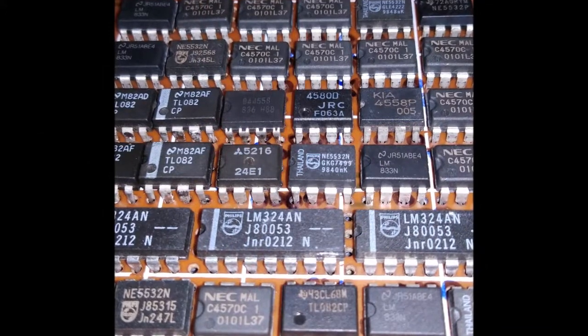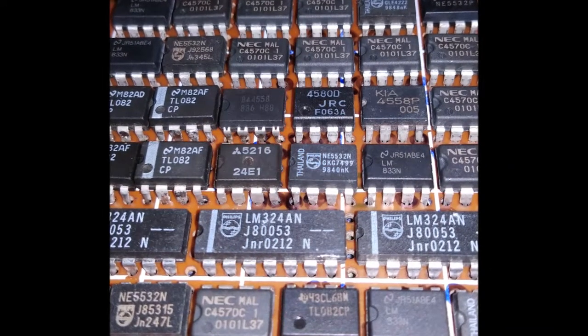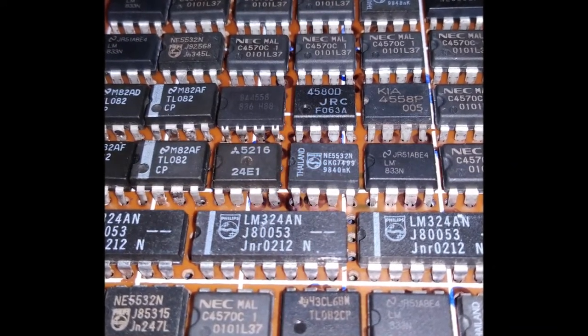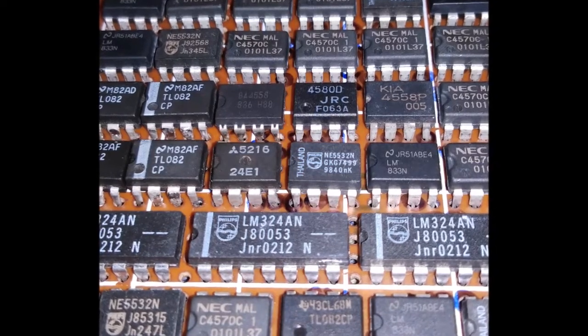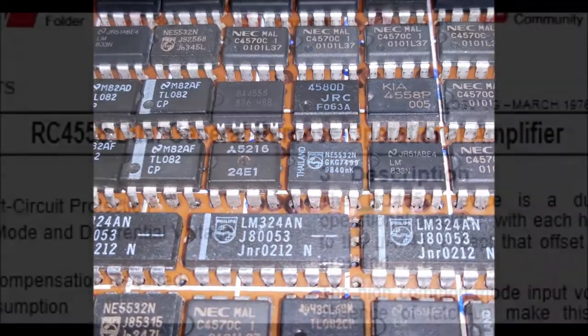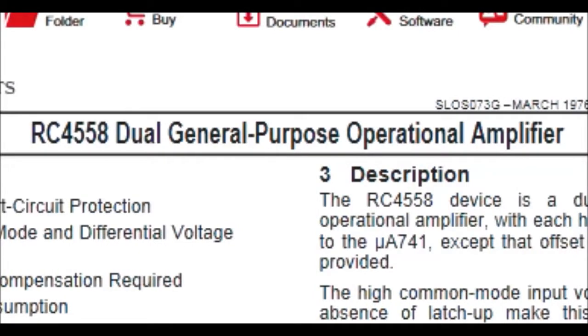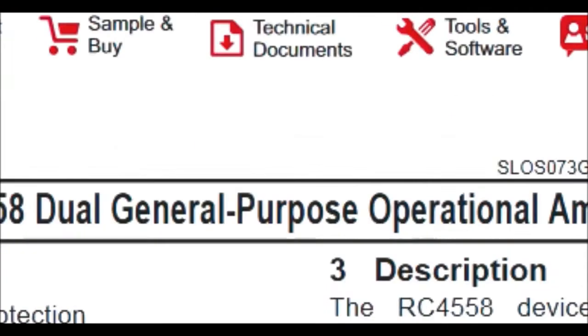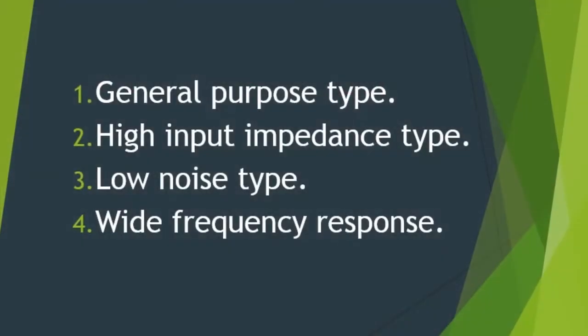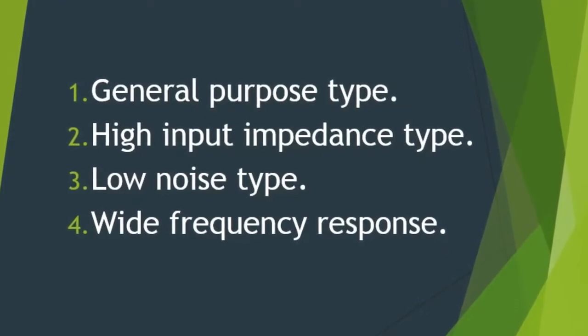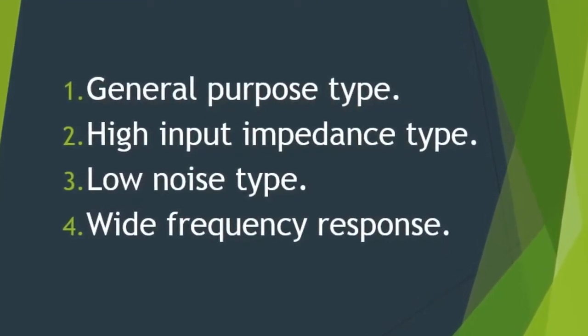First, when you're choosing an operational amplifier, there are so many with the same pin configuration. You can use your favorite IC number, it will work, but there are a few types and facts you have to consider. For this kind of audio circuits, we can use general purpose operational amplifiers. Other types available are high input impedance type, low noise type, and wide frequency response type.